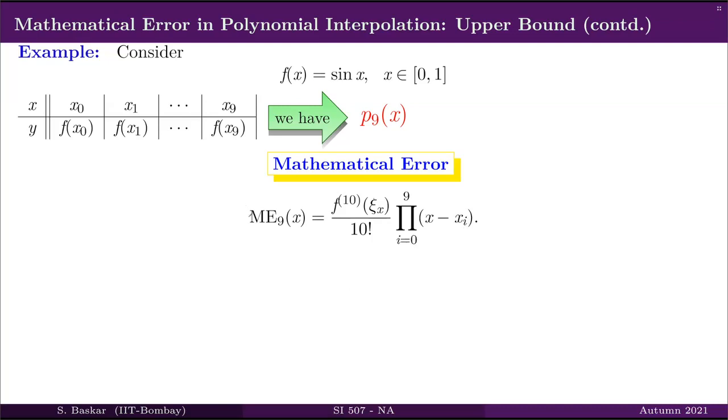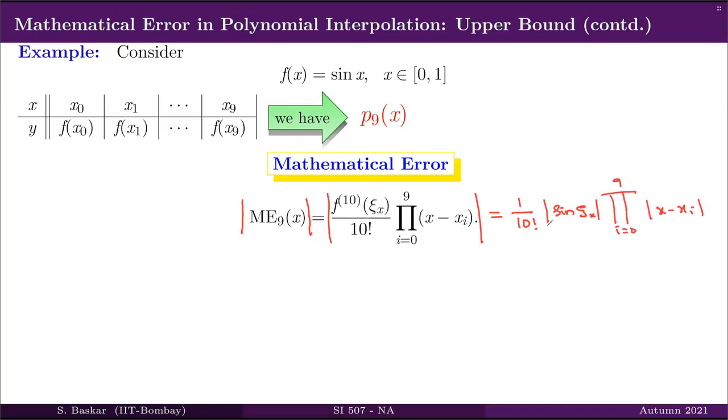Now, in order to get an estimate for the mathematical error, let us first take modulus on both sides, and write this as 1 by 10 factorial times mod f10 of xi x, which is sin xi x, into the product over i equal to 0 to 9 of mod x minus xi.